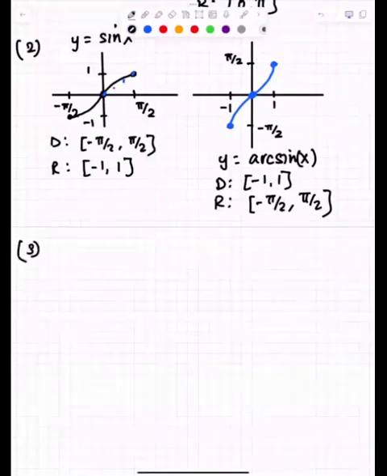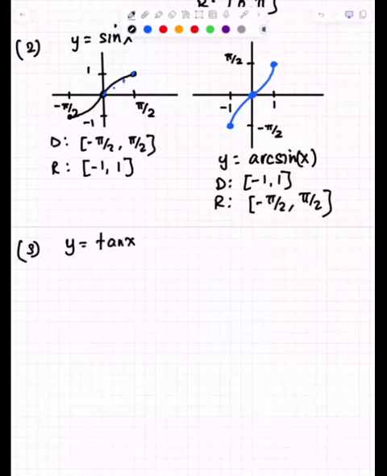Okay, the third graph. Let's do the graph of tan of x, and then its inverse. Okay, we know we restricted tan of x very naturally again, just like sine of x, from -pi/2 to pi/2.